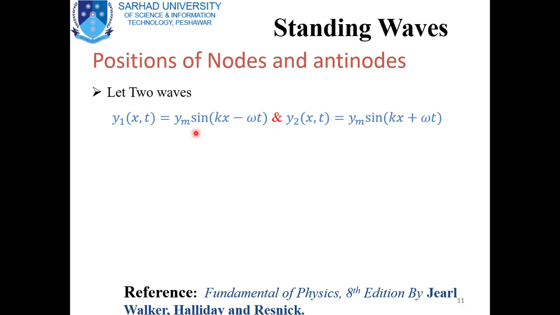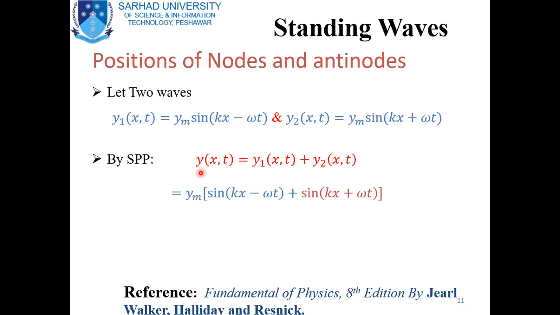Here the minus and plus signs indicate that these waves are moving in opposite directions. And the other thing, in each expression the arguments contain the angular wave number and angular frequency, and we will compare these expressions with the expression of our resultant wave. Our resultant wave can be obtained by applying the superposition principle on the given expressions, y1 plus y2, which will give us the displacement of the resultant wave.